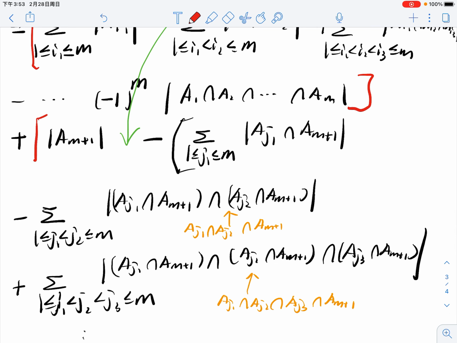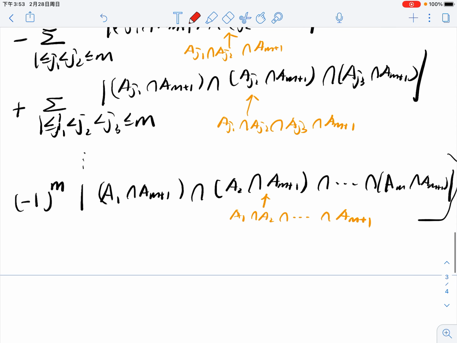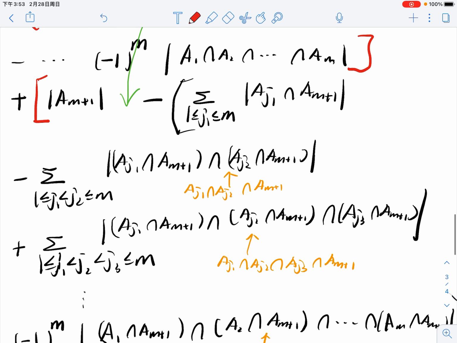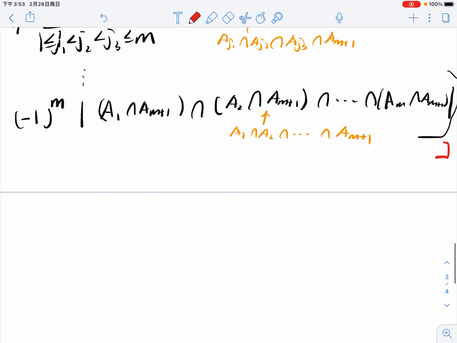And starting from this one to the end, we exhaust all the intersections of which there exists at least AM plus 1 inside it. So finally, if you compare the signs correctly, you will get the right hand side.